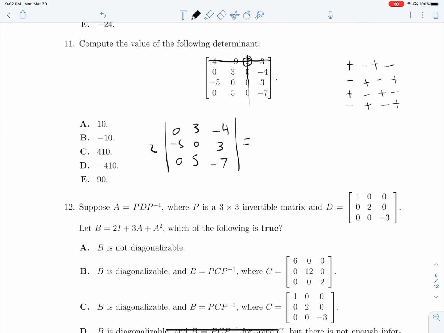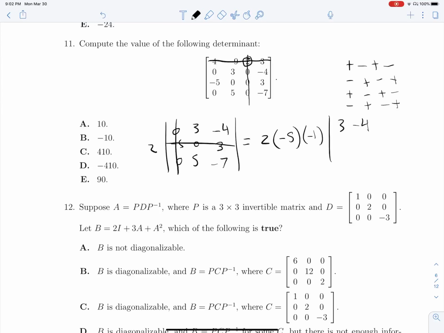In fact, we can do one further step by taking this -5 that's in a column by itself, taking it out, making sure to take into account the sign that position will have, and we're left with 2 times -5 times -1, because it has a negative sign at that position, and we are left with the determinant of the matrix formed by crossing out the row and column that 5 was in.